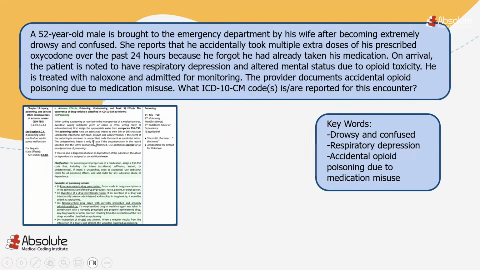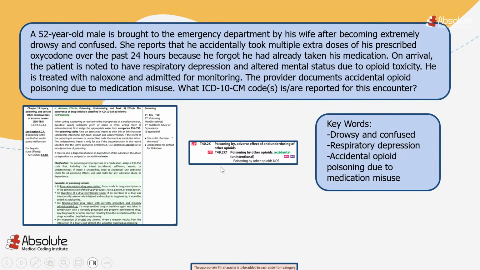So this is going to lead us to our sequencing suggestion, which is right here in this right-hand column. The first suggestion is from the categories T36 through T50. Then you would go into your ICD-10 book and look for the most appropriate code. In this case, the most appropriate code is from section T40.2X, which is poisoning by adverse effects of and underdosing of other opioids. This does involve a 7th character.